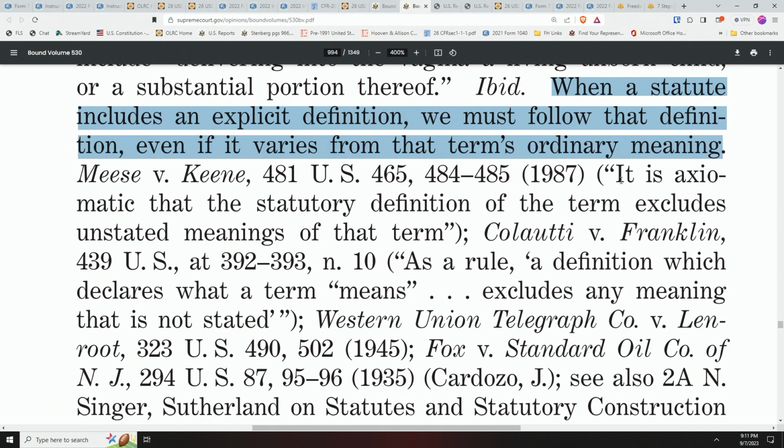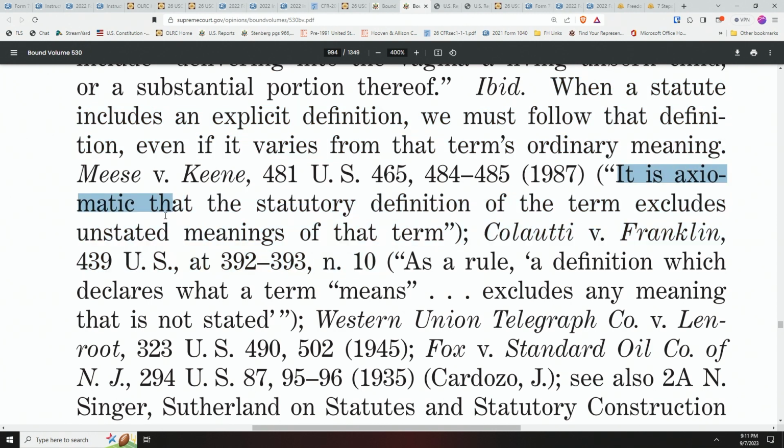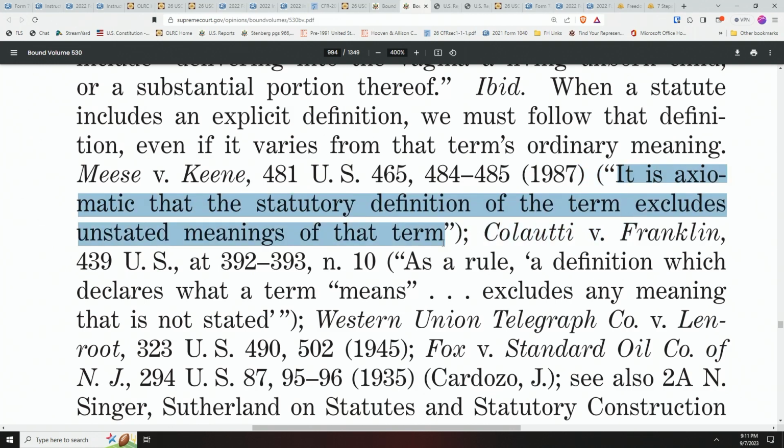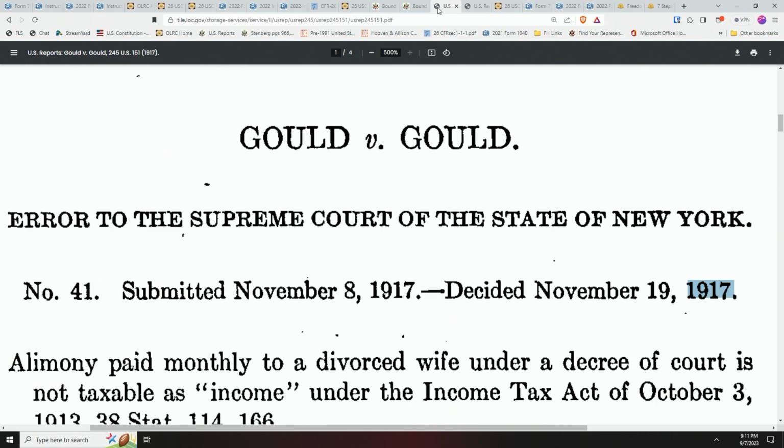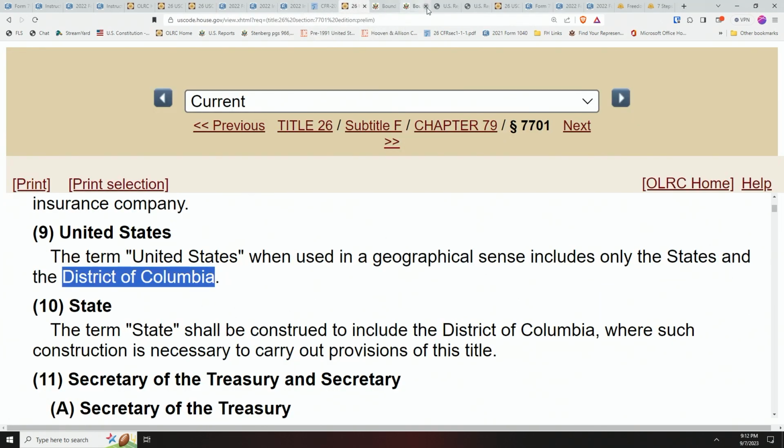And it is axiomatic, or self-evident, obvious, that the statutory definition of the term excludes unstated meanings of that term. If it's not there, it's not there. It's got to be explicitly there. What's unstated is not there. It is excluded. So 50 states are not there. So you don't see 50 states. It's not there on purpose. California, Florida are not there.